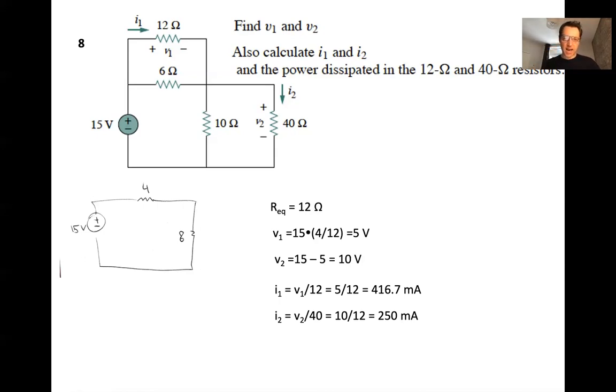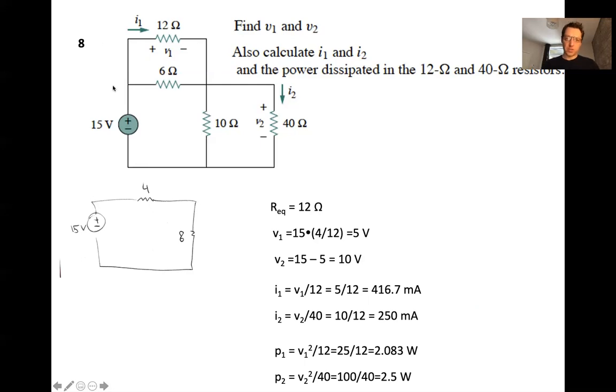And finally, how do we get the power dissipated in the 12 ohm and the 40 ohm resistor? One way is just to take the voltage, square it, and divide by the resistance. So V1 squared over 12 is equal to 25 over 12, or a little bit more than 2 watts. Similarly, P2, the power dissipated in this resistor, is equal to V2 squared, or 100, divided by 40, so 2.5 watts.